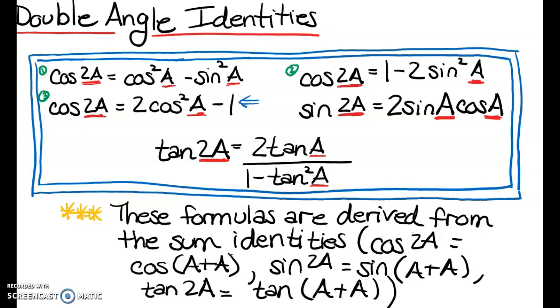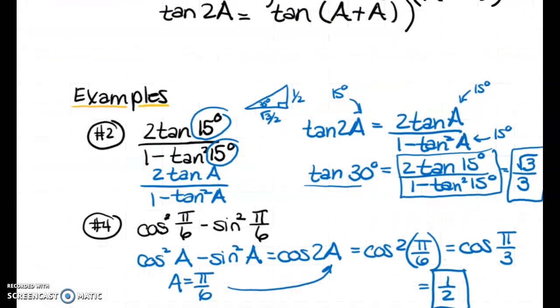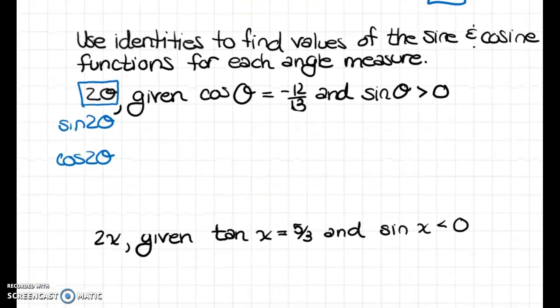But the sine of 2 theta requires both the sine of theta and the cosine of theta, all right?